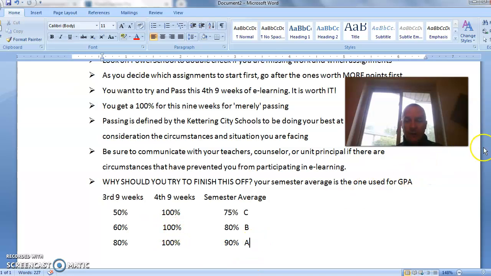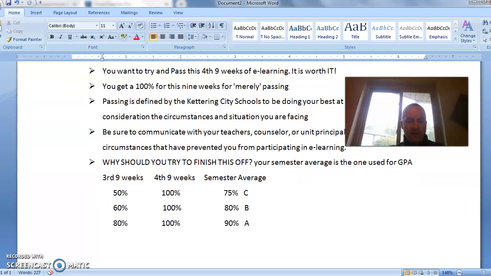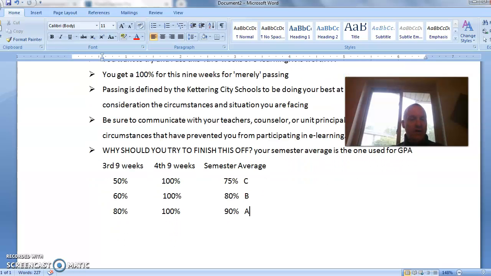I want to thank everybody for the effort that you're going to put in or that you have already put into the e-learning. When I say going to put in, I mean that you're going to go out and finish this off. You're going to get your missing assignments in and you're going to pass. But I want to thank already up front all of you that have worked daily on this process.